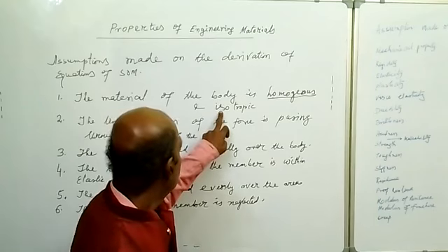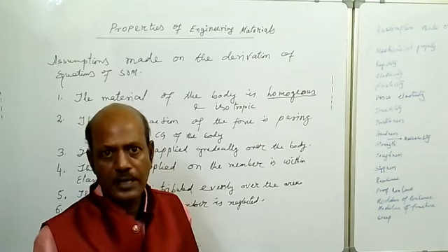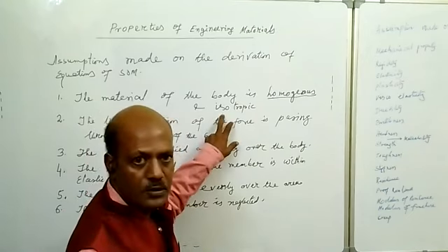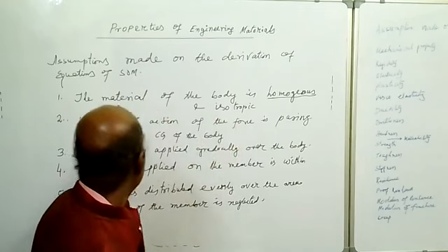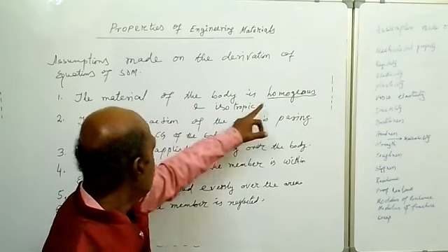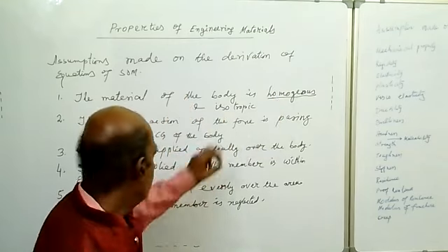And second is isotropic. If the property value in all the directions is the same, then the material is called isotropic material. So whatever material is assumed here in our derivation is homogeneous and isotropic.